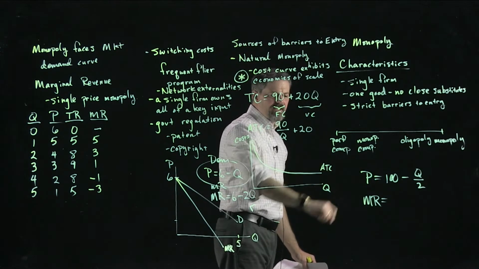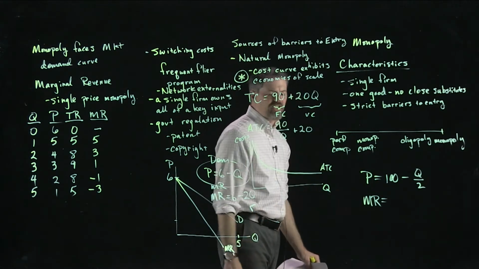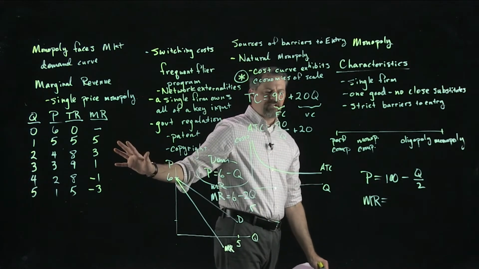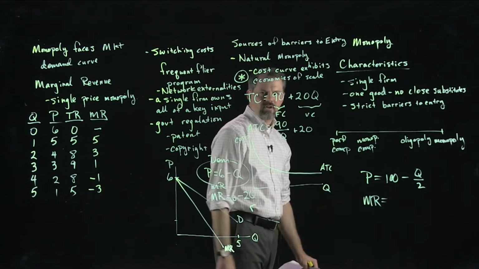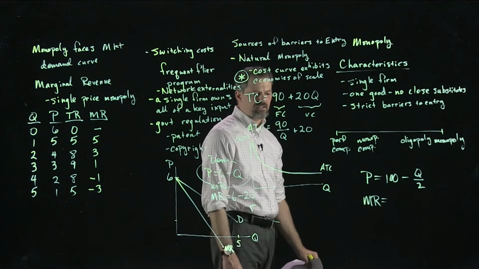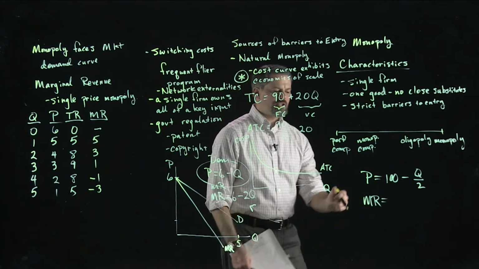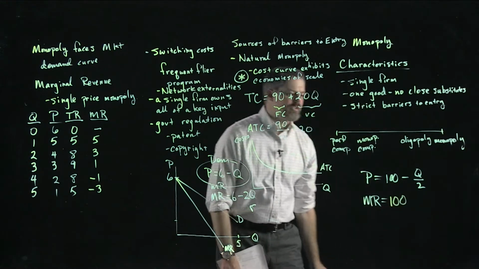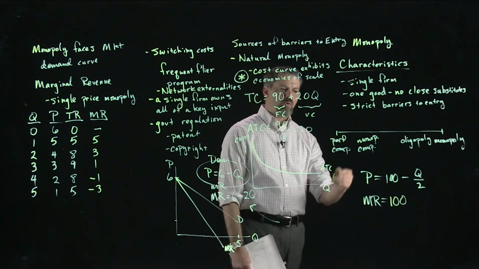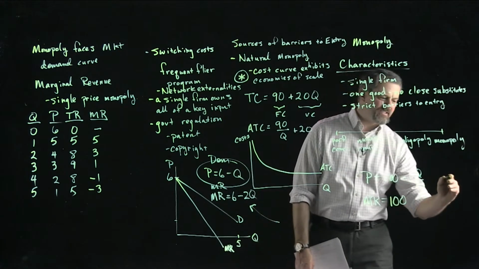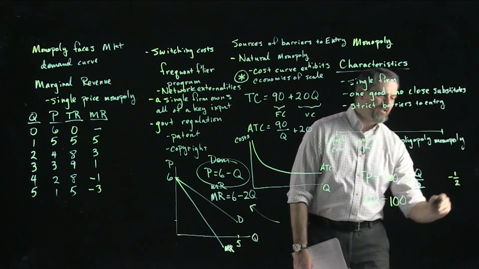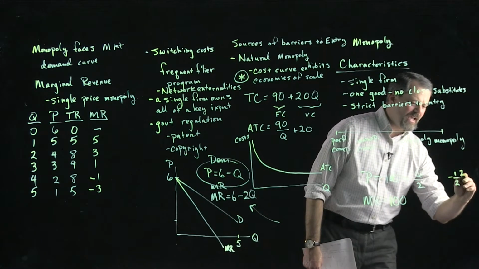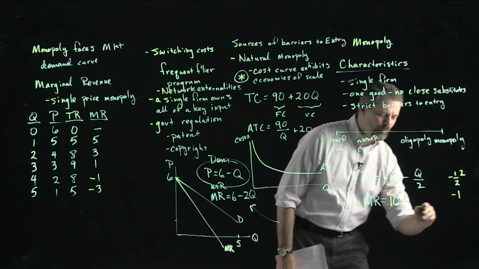Price is denominated in dollars and marginal revenue is denominated in dollars. This is like what we did in our perfect competition chapter where we had marginal cost. It's denominated in dollars. So our marginal revenue curve has the same intercept, so its intercept will be 100, and then it's going to have twice the slope. Well, the slope of this thing is -1/2. And if I take twice that, 2 times -1/2, that turns into just -1.